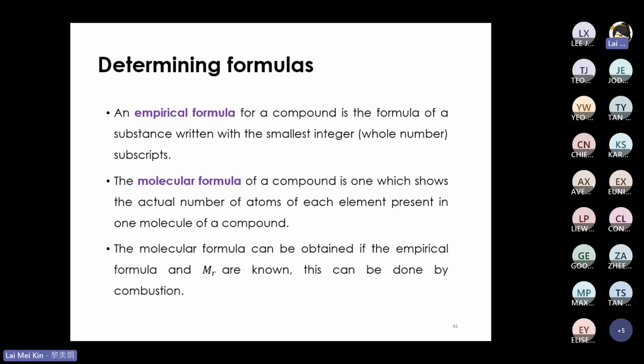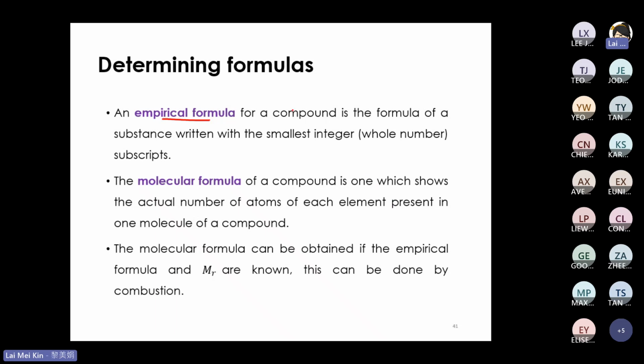All right, so why do we learn about percentage composition by mass? Because we are going next into empirical formula and molecular formula. So what is empirical formula? Empirical formula means the simplest ratio, the simplest formula.